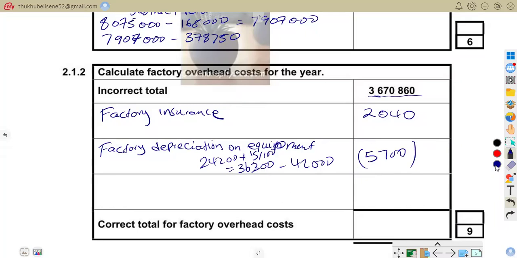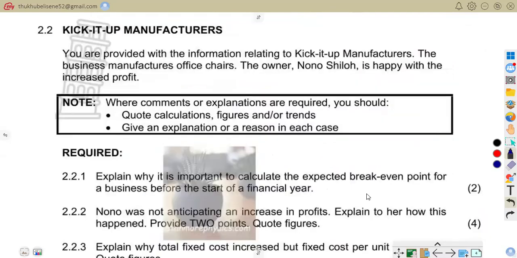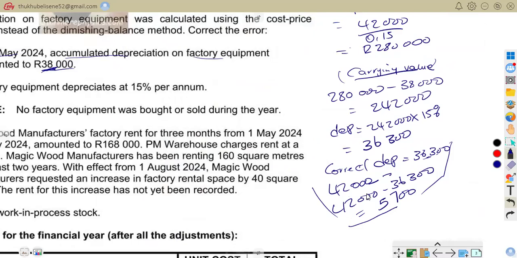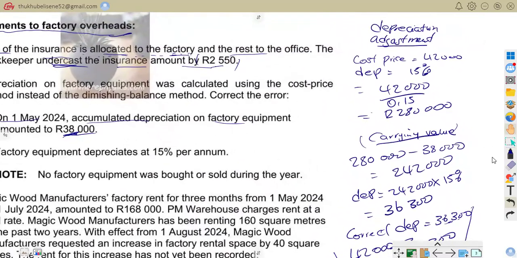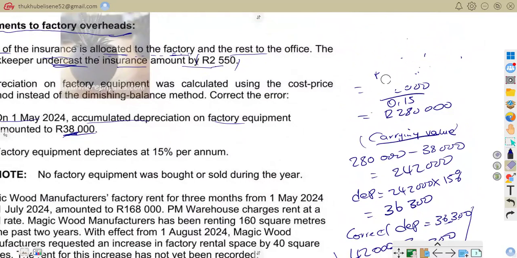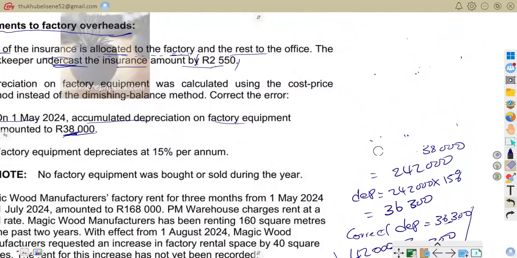So now we are going to do factory rent. This is where we are now. So let us go to the information, whereby we are going to calculate our factory rent. Hope you are still on one page, good people. Let me just wrap up quickly, and then we'll do our calculations on factory rent.